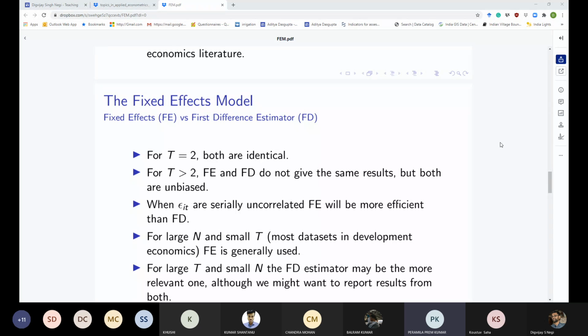So if we put an assumption on the error term, then we can avoid that kind of problem, right?